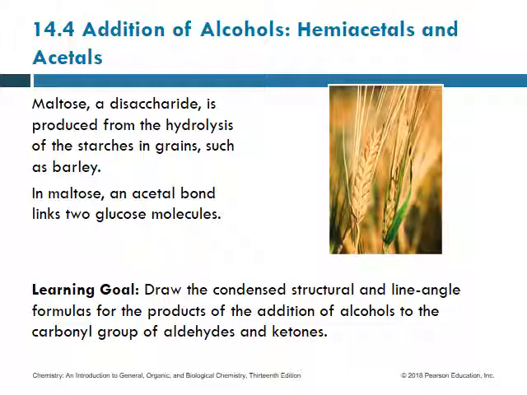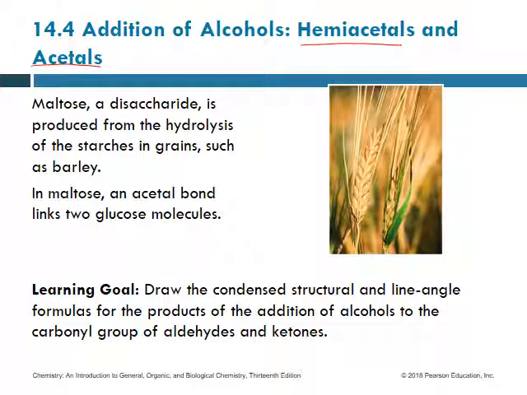Next we'll talk about some more reactions, which is called addition of alcohol. Okay. This is the reaction between alcohol and an aldehyde or a ketone group. Okay, so these reactions basically produce hemiacetals or acetals. These are very, very common when we talk about sugars.